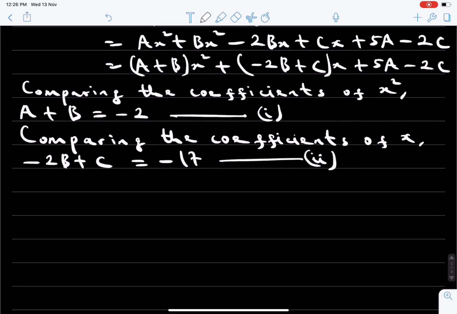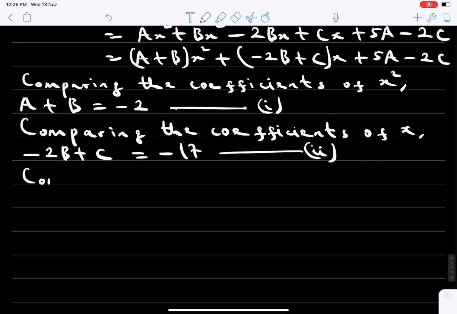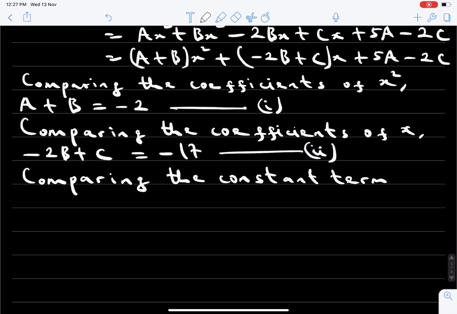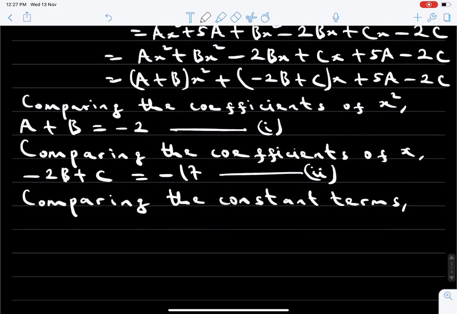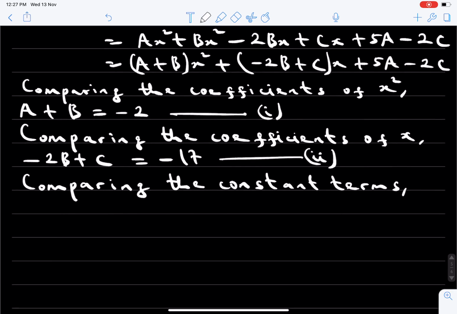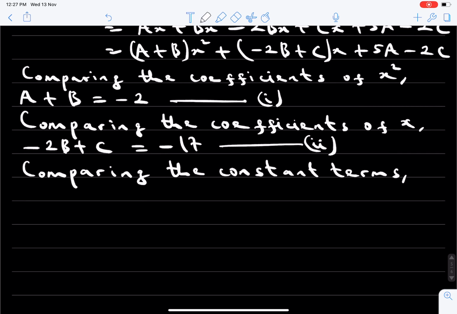Now comparing the constant terms. The constant on the right hand side is 5a minus 2c.